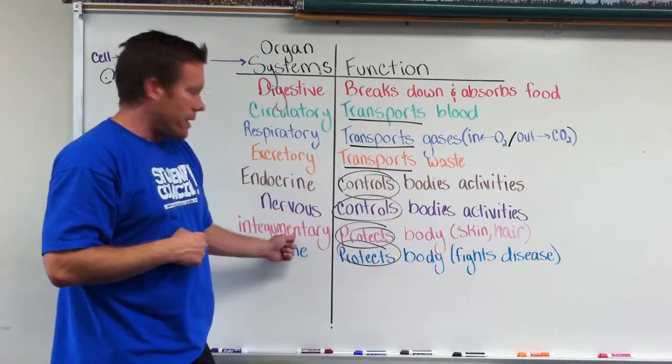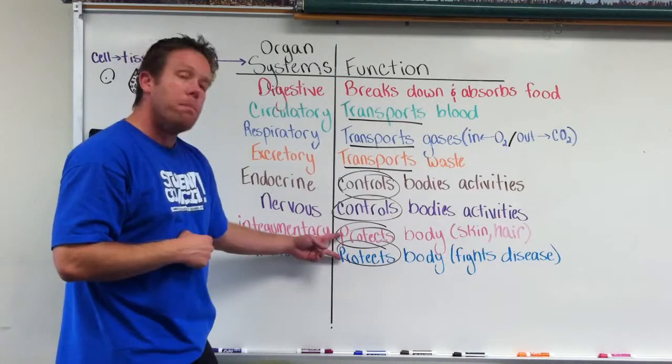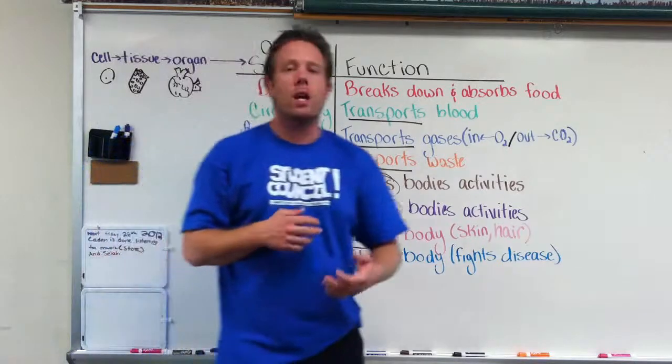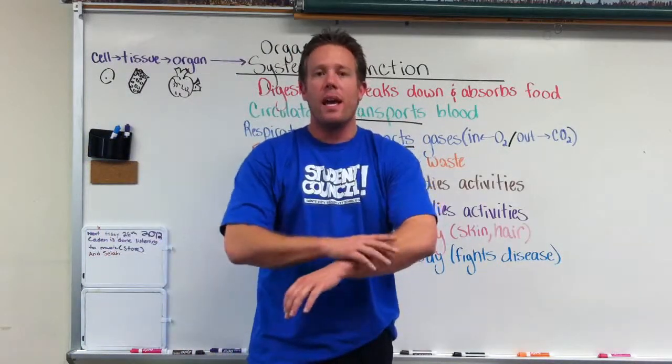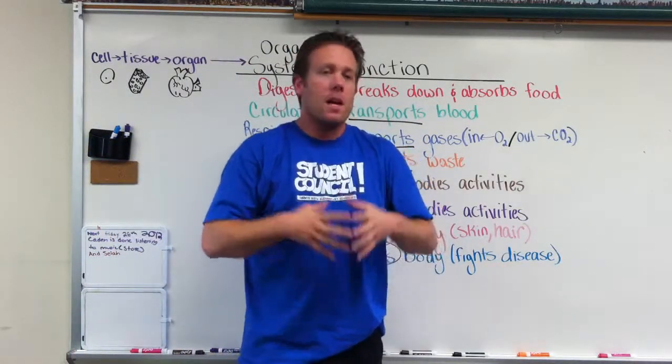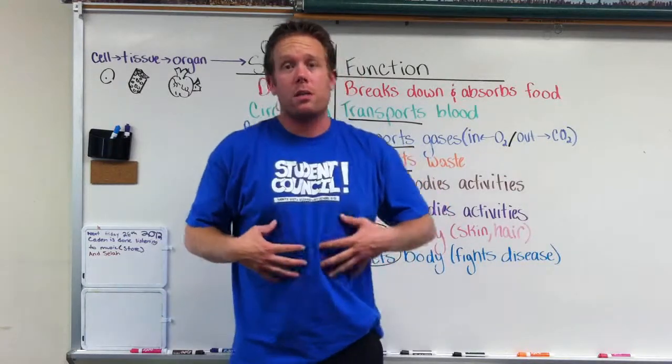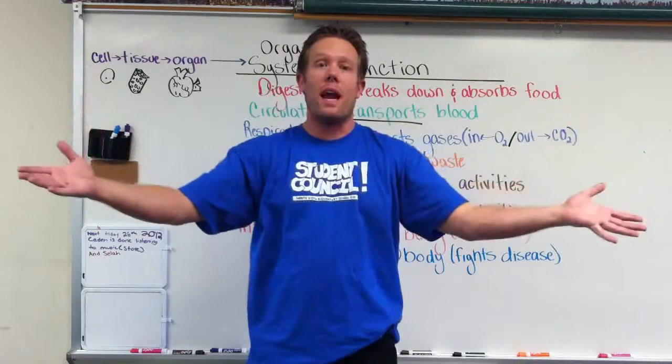The integumentary system and the immune system both protect the body. The integumentary system includes the skin and the hair. The integumentary system, the skin, protects so that your organs aren't exposed to the air.